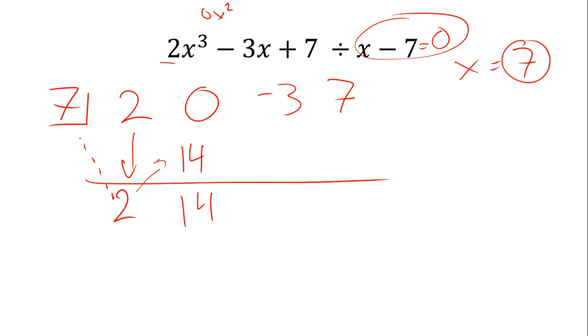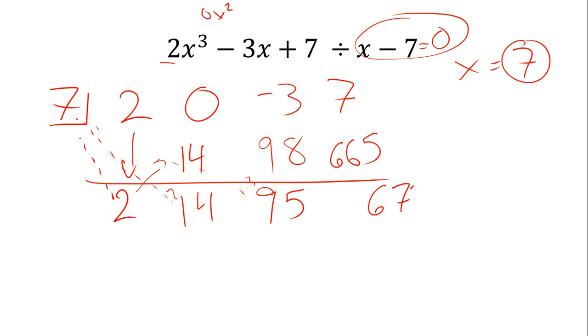And now you're going to go 7 times 14. 7 times 14, let's see, that's an 8, carry the 2, that would be 9, 98. Adding those, -3 plus 98 is a 95. Now you're going to multiply 7 times 95, that would be 5, carry the 3, that would be 63, 665. So now we have 7 plus 665, which would be 672.